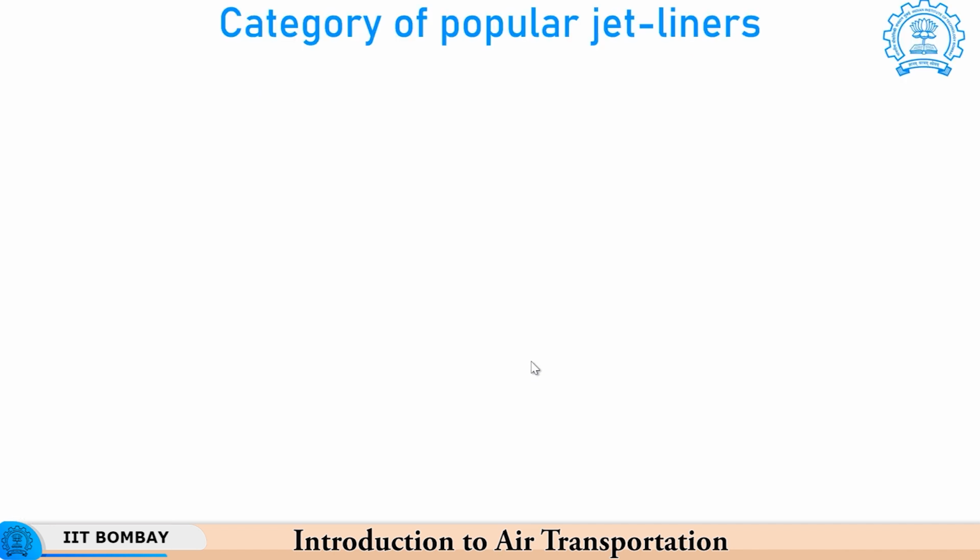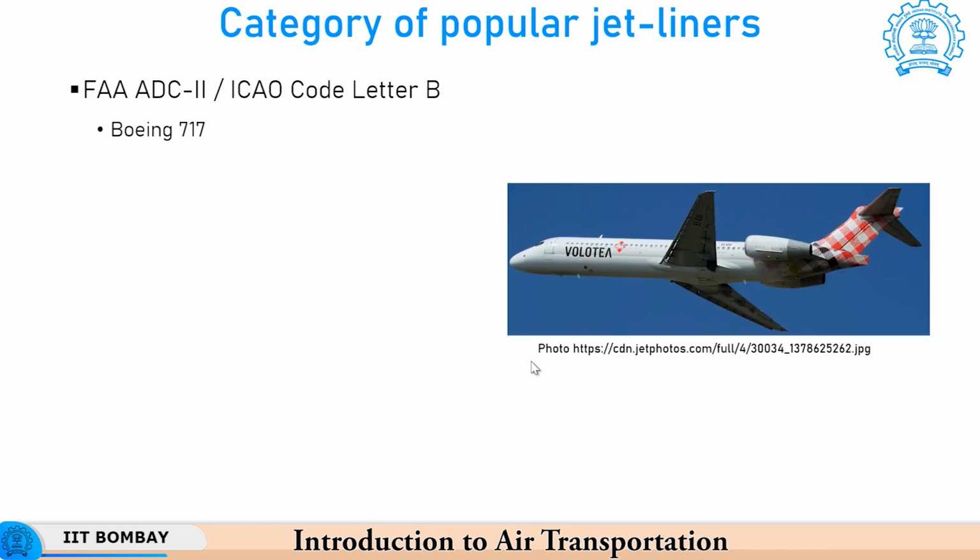So, let us look at some popular jet airliners which are categorized. For the FAA aerodrome design code 2 or code letter B for ICAO, an aircraft that fits in this is the Boeing 717, which is a small aircraft with approximately 100 seats.